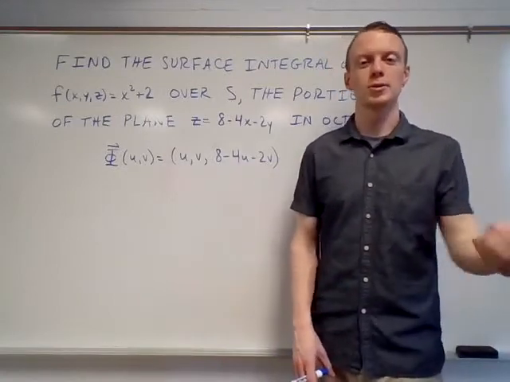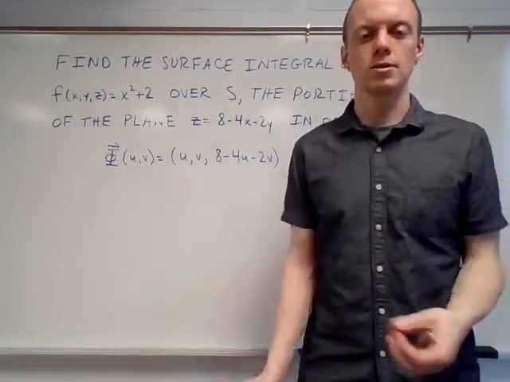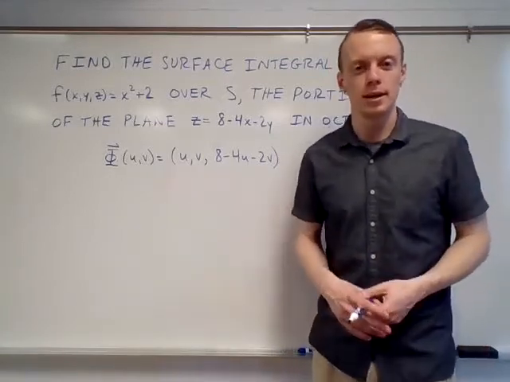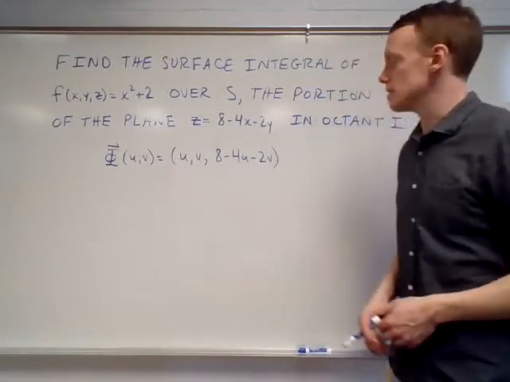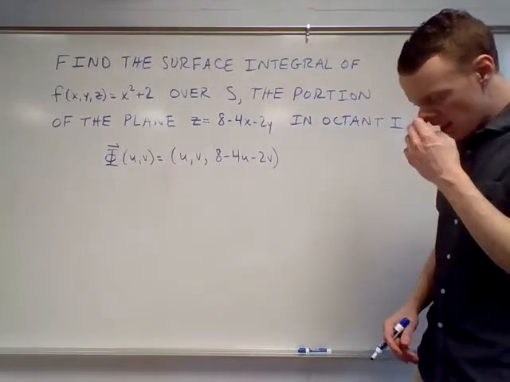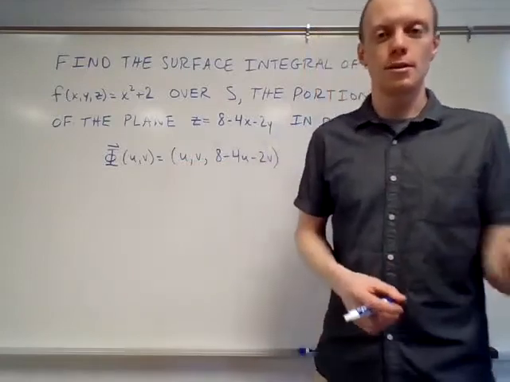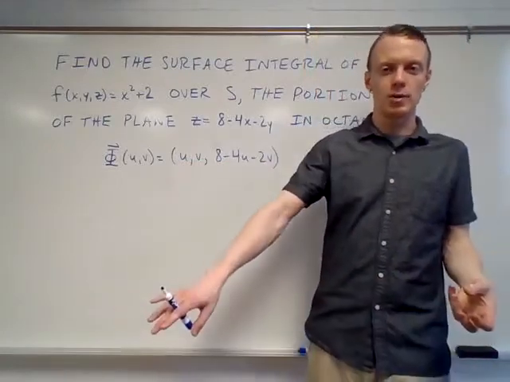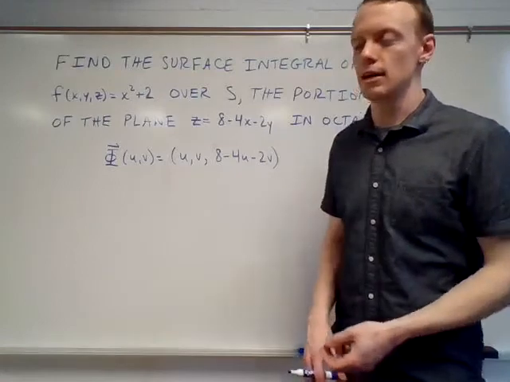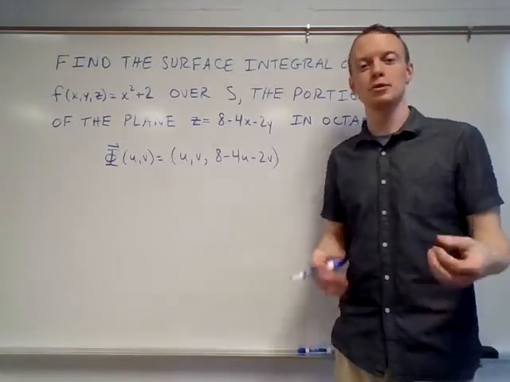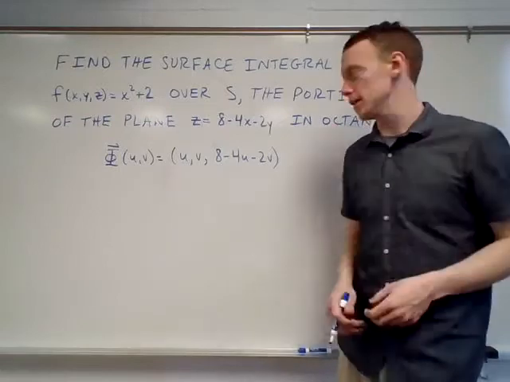Now, octant 1 corresponds to quadrant 1, so we need to figure out what is the shadow that's going to lie in quadrant 1 of the xy plane. Well, if I find the line where the plane and the xy plane intersect, that will tell us where the missing portion of our boundary is for this shadow.